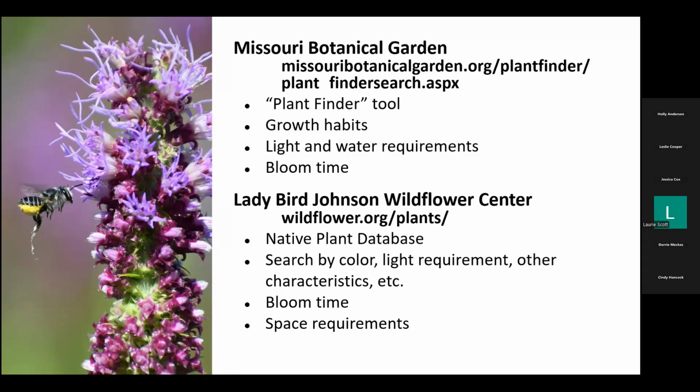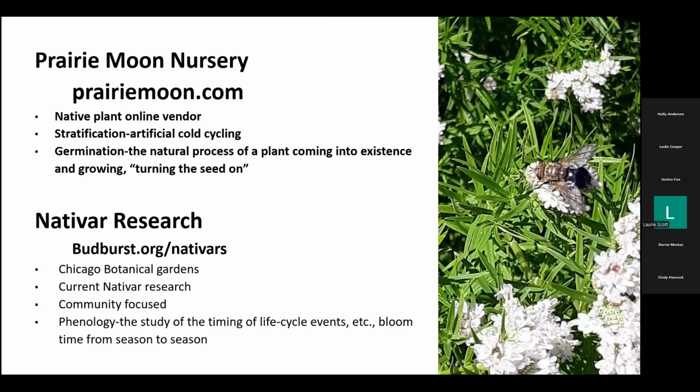I'm more familiar with Lady Bird Johnson because you can search that by 3-month segments of what is blooming and also by color. But you may be able to do that on what I've referred to as MOBOT, or Missouri Botanical Gardens, also.